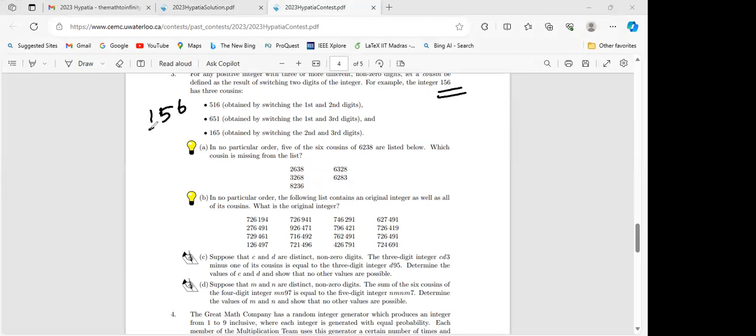When you switch the first and second digits, you're swapping them.